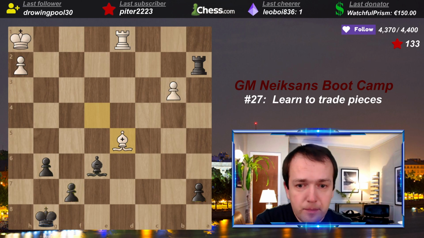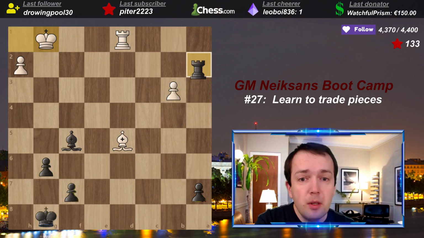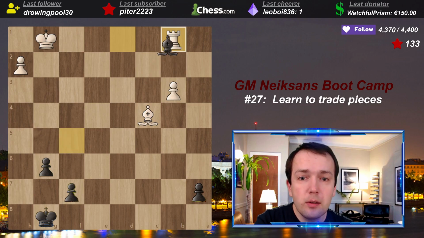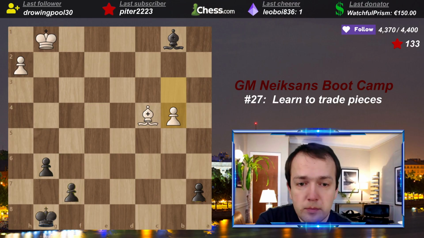Let's check this out. Let's say bishop f5, something like king g1, rook b2, whatever, bishop c4, rook b1, takes, and b4. Can we win this? Extra pawn should be good. It's very easy to misplay this.